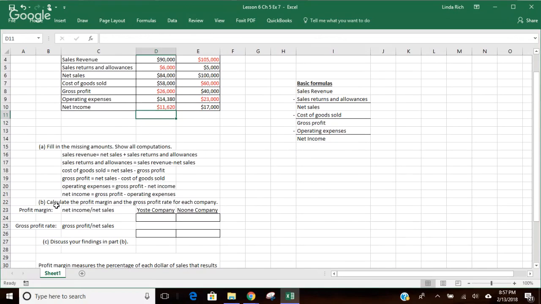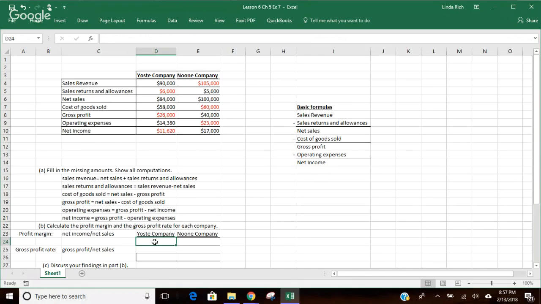So now the next part wants us to calculate the profit margin and the gross profit rate for each company. So profit margin is net income divided by net sales. So for the Yost company, it's going to be net income divided by net sales. And so this box, they're supposed to be made into percents.